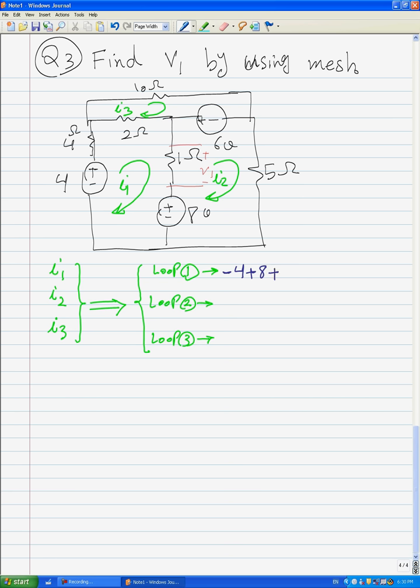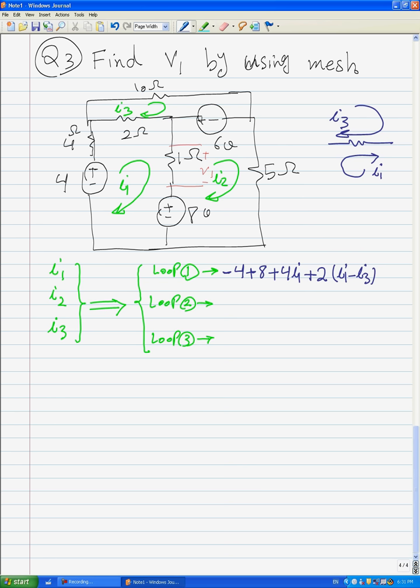For this 4 ohms, we only have I1 current, so 4 times I1. Plus, be careful, for this 2 ohms we have current I1 and current I3. That's why the voltage for 2 ohms should be 2 times I1 minus I3.